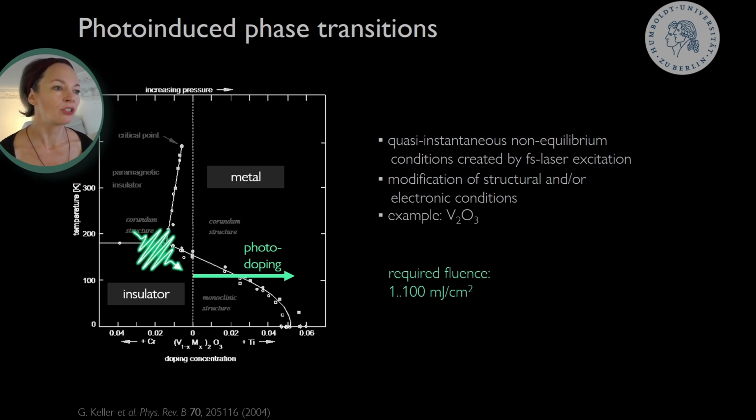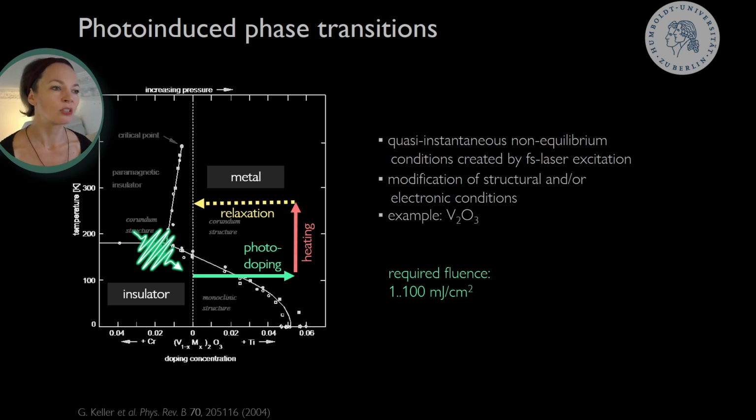Unfortunately, these transitions require quite high excitation densities on the order of 1 to hundreds of millijoules per square centimeter. And in this way, a lot of energy is brought into the material, which heats up your sample, which means that even when the charge carrier density decays, the system is still in the metallic phase and needs to cool down before the back switching occurs.